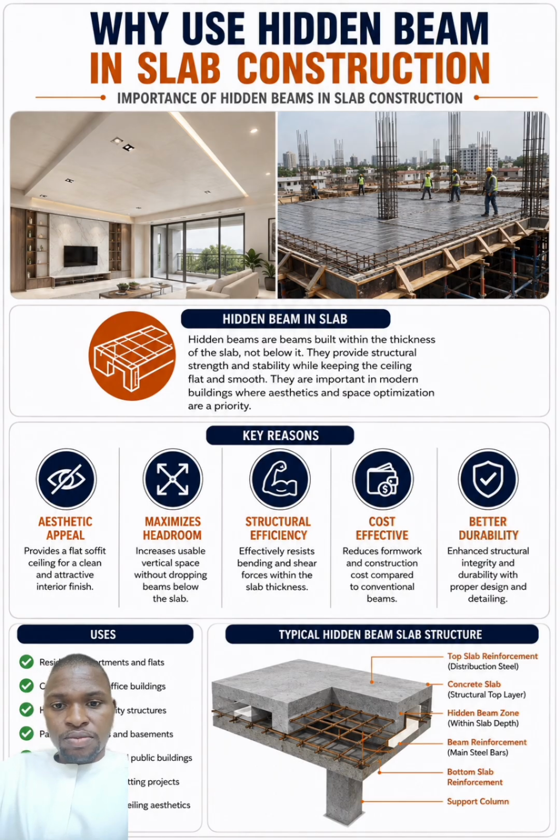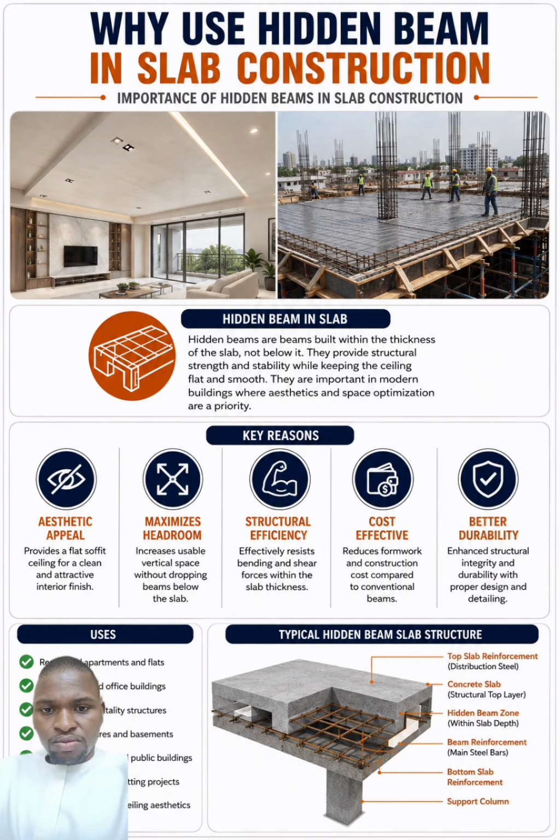Then we take a look at the cost effectiveness of hidden beam. It reduces formwork and construction costs compared to conventional beams. With conventional beams, you still need to make provision for formwork. You buy your wood, and you pay your labor, the carpenter who is coming to erect the formwork for your drop beams.